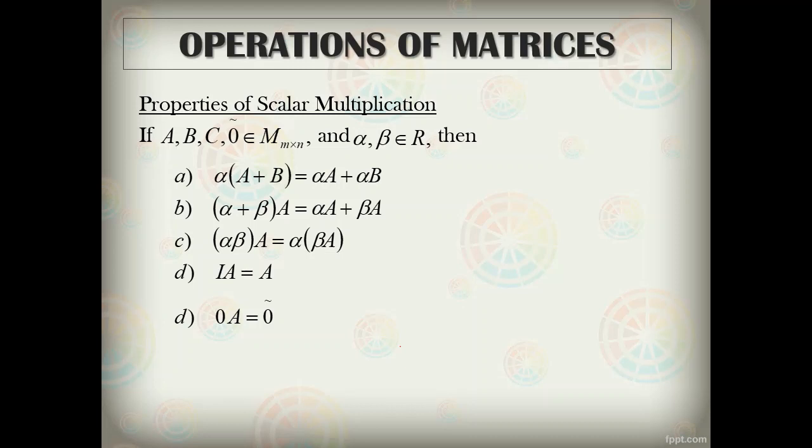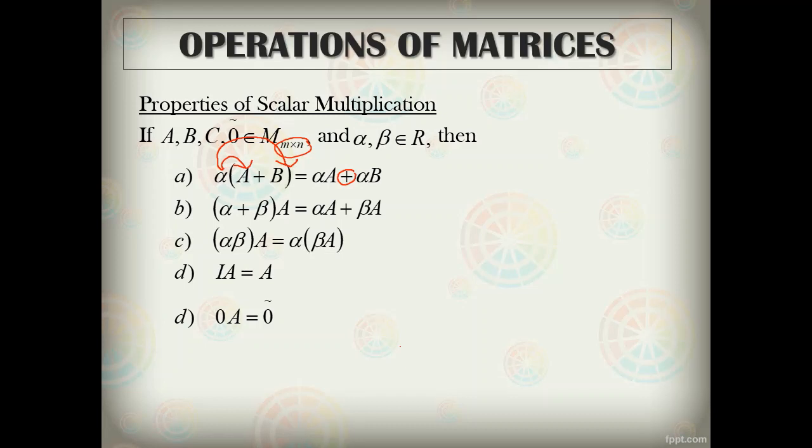If you have matrices A, B, and C, as well as the zero matrix here, where all the matrices are m by n matrices. When you perform scalar multiplication on the addition of matrix A and matrix B, that is equal to multiplying the scalar to matrix A first, and then multiplying the scalar to matrix B, and after that you add.